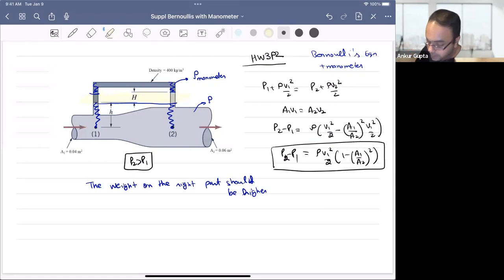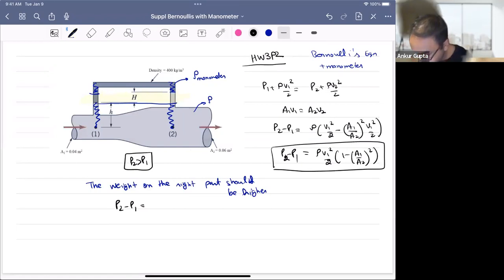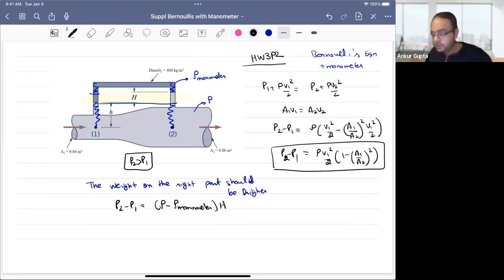So essentially, we can think of this as delta P, or P2 minus P1, is equal to the difference in the weight, it is not the weight in either column, it's a difference, which is rho minus rho manometer, and it might be some other thing in the homework problem, times h times g, or gamma minus gamma manometer times h.